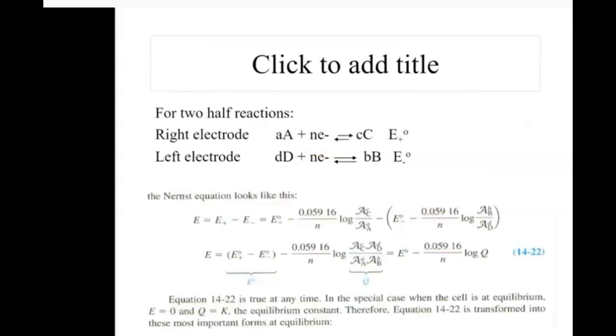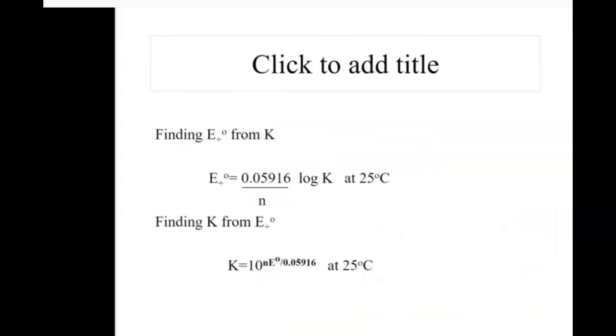So this is a generic cell here, A moles of A plus n electrons. We've already done even with concrete examples of that, but this is just emphasizing the application of the Nernst equation in that kind of way. And then we have how we obtain E naught, the standard reduction potential, from the equilibrium constant.